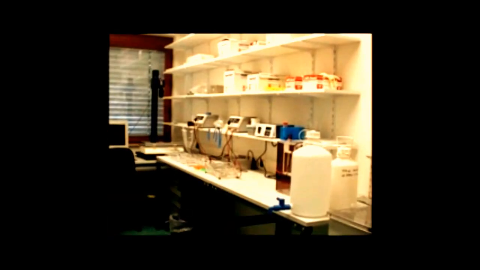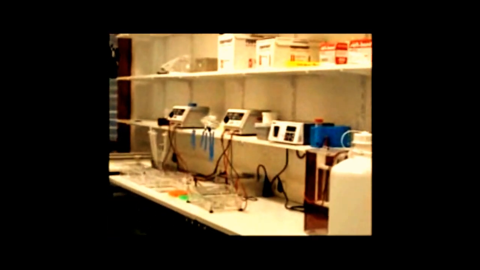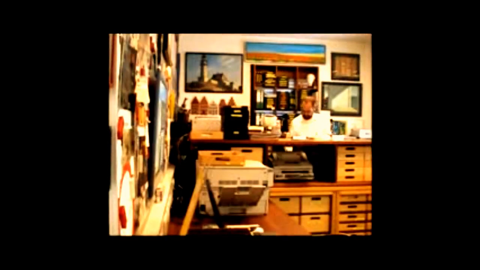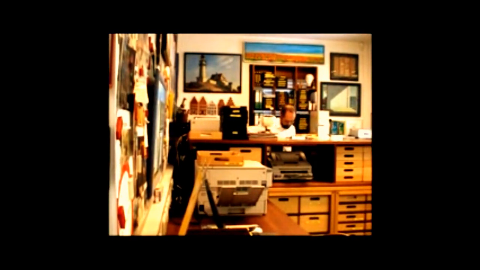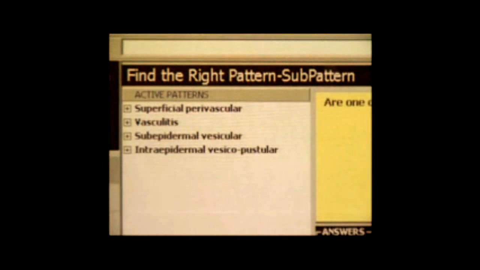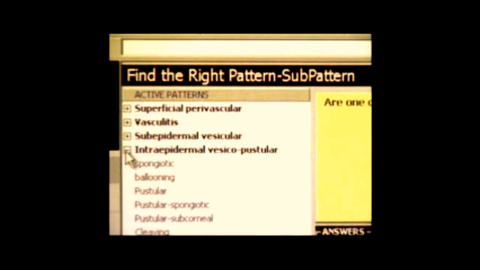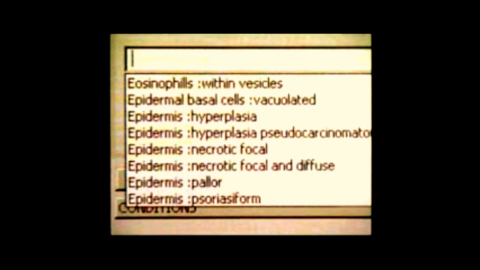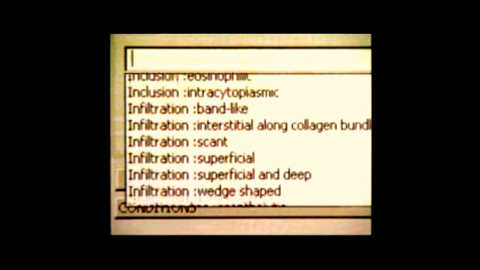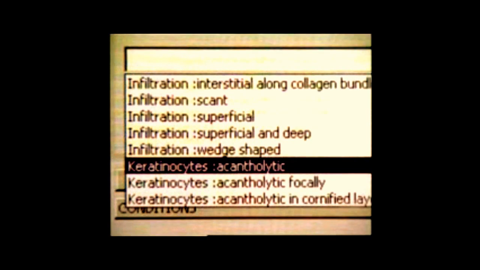The system follows an algorithm tree and rules out the patterns and sub-patterns that do not match your answers. At any time, you can check the remaining patterns and sub-patterns, or activate the diagnostic engine system that will work only on the histopathological characters of the diseases that are involved at the point of the algorithm you reach.